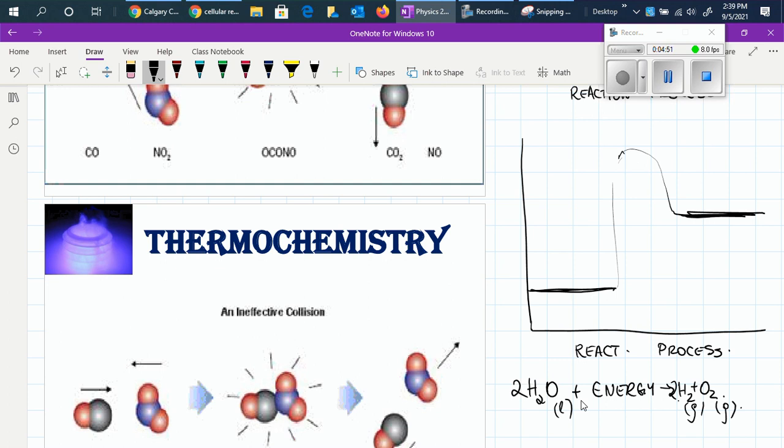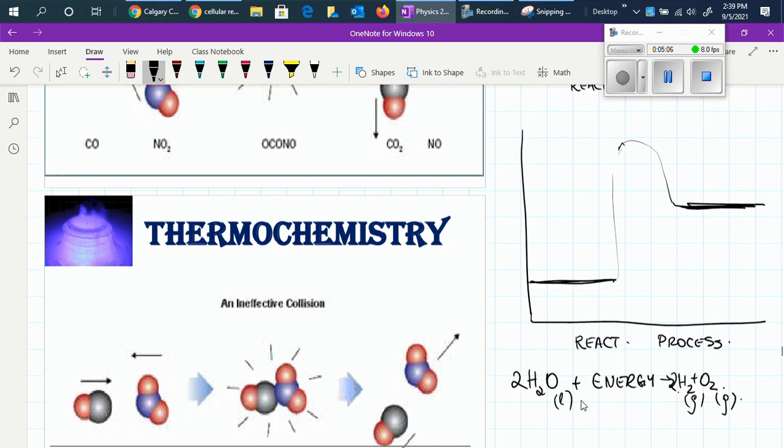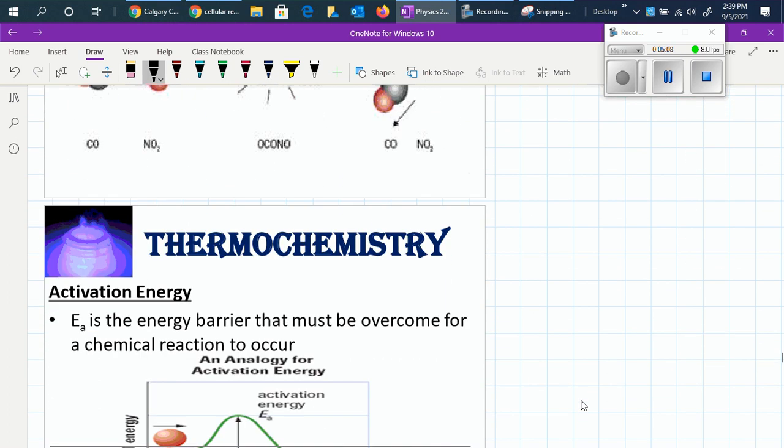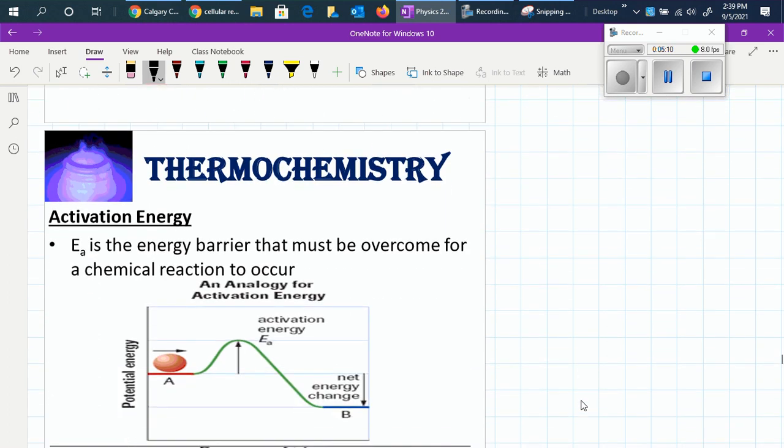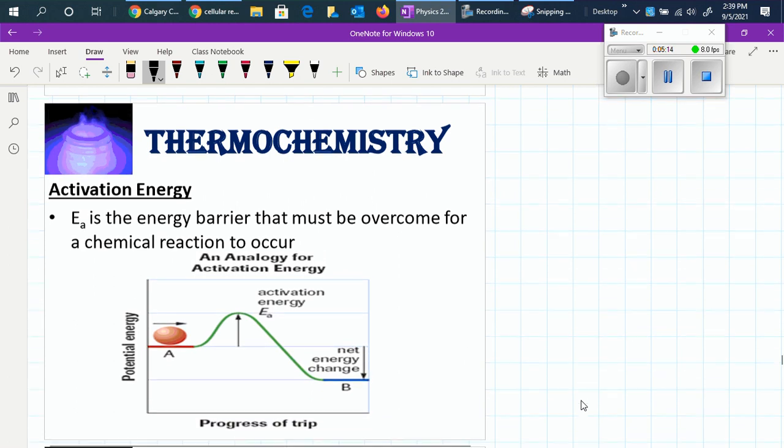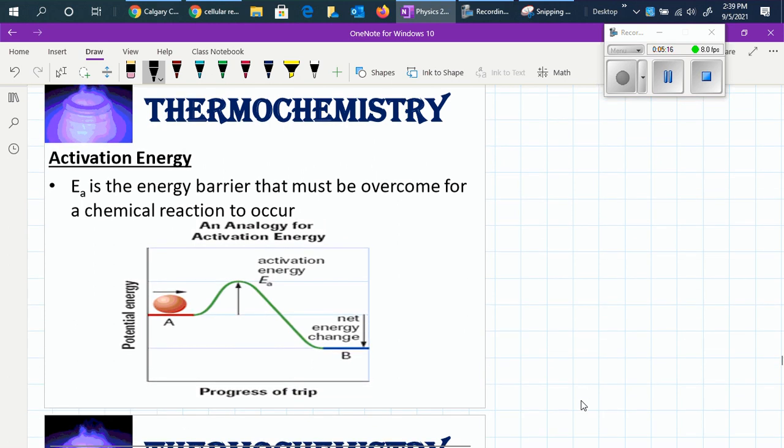The energy barrier must be overcome for a chemical reaction to occur. It's called activation energy. The atoms in the reactants have to be pulled apart in order for them to bond in a different configuration and become the products.